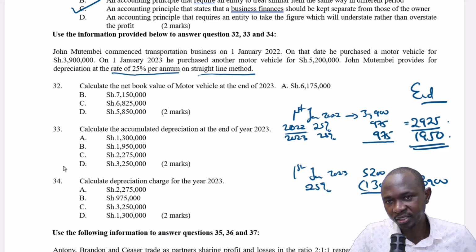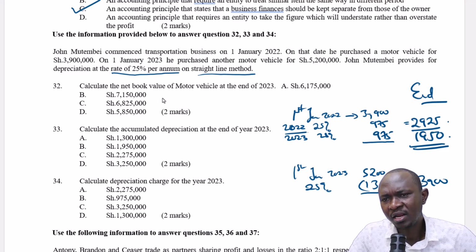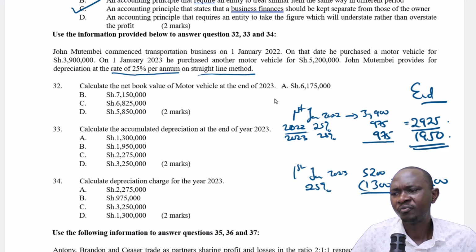So the question is, calculate the net book value of motor vehicle at the end of 2023. This is so easy. So net book value of vehicle A as at end of 2023 is this 1950.